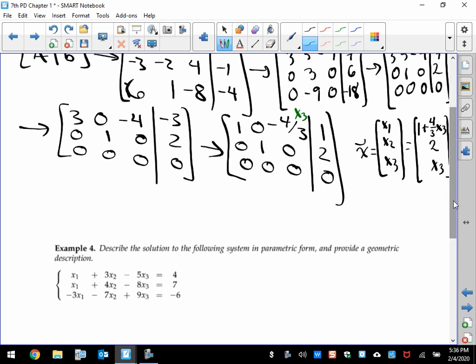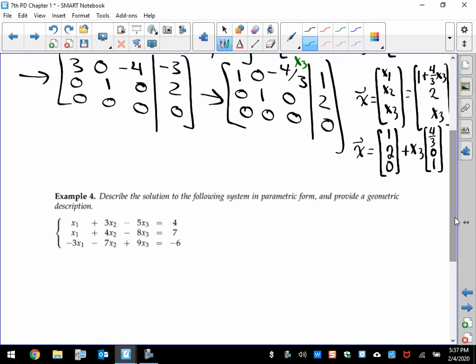So now the solution set can be described as the vector 1, 2, 0 plus x3 times the vector 4/3, 0, 1. Like that. Now here is our vector. This is the homogeneous solution vector vh, and this is like our vector p from our theorem above, remember?